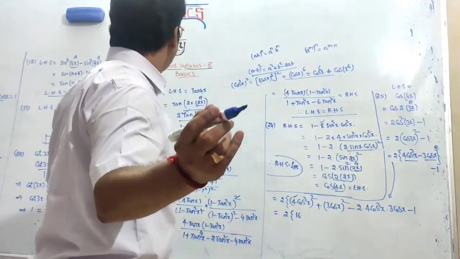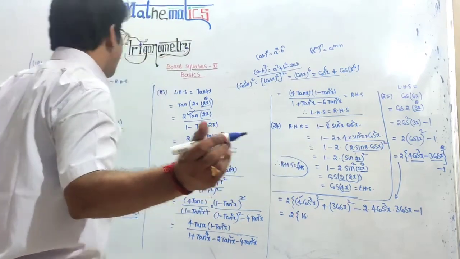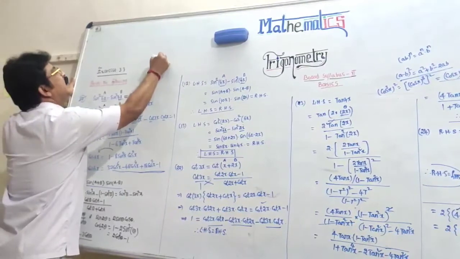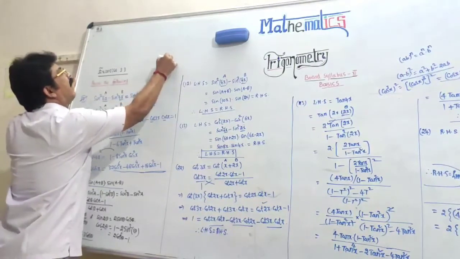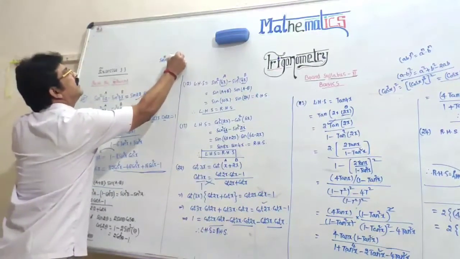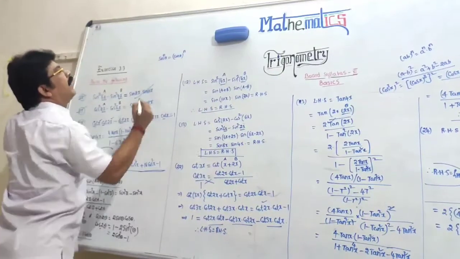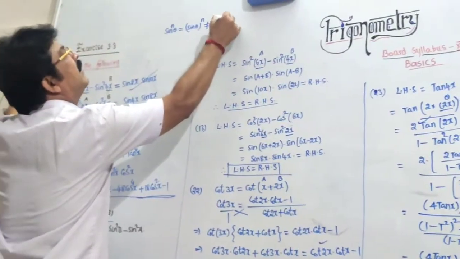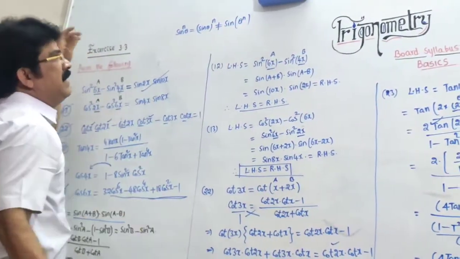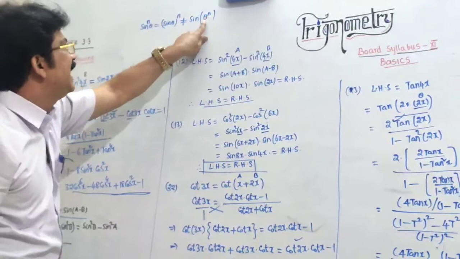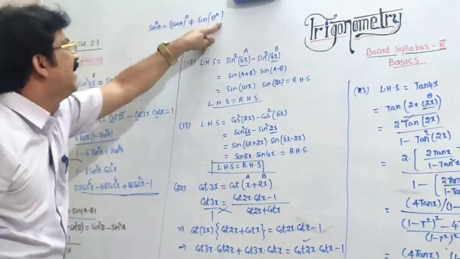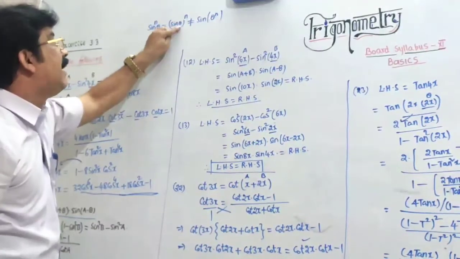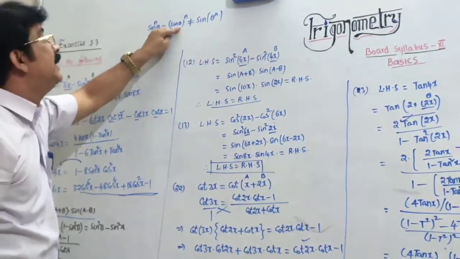This is the most important point. Sin to the power of n theta is equal to sin theta whole to the power of n, but not equal to sin of theta power n. This power is not for the angle; sin theta doesn't have any power on the angle.